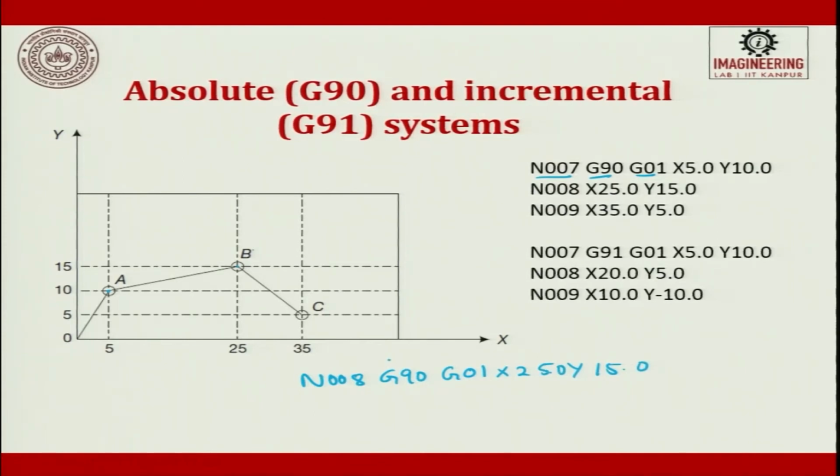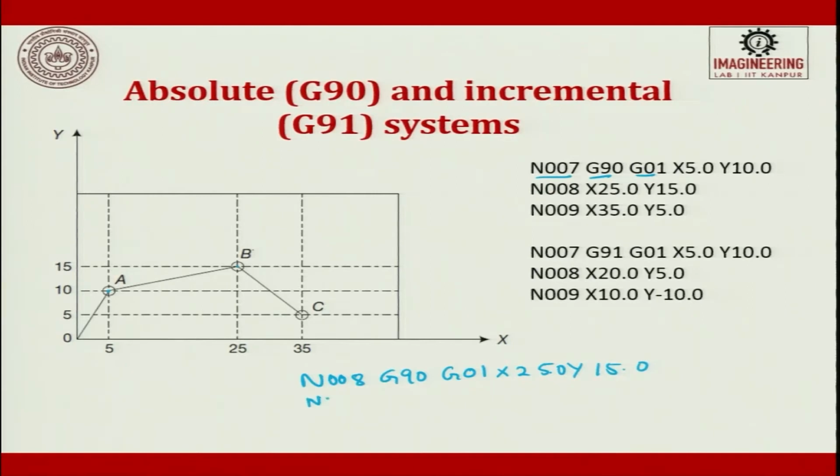Here I am just trying to play safe. You need not call at every block the previous G code you have used. If you call it, you maintain it so that you will know where you made an error. Otherwise, it is not necessary to call.